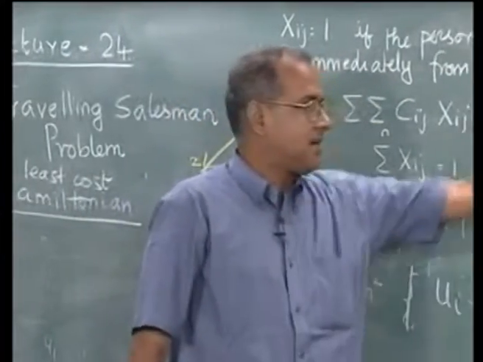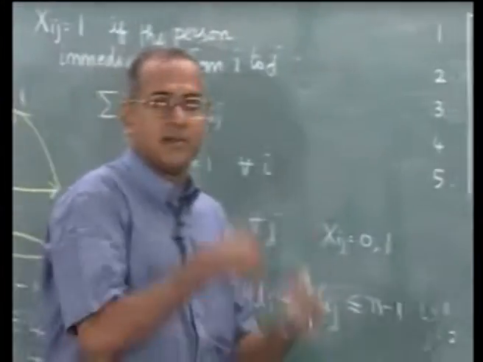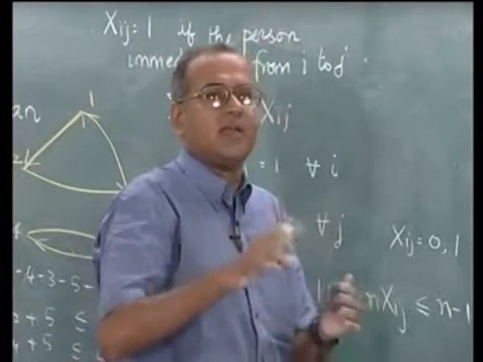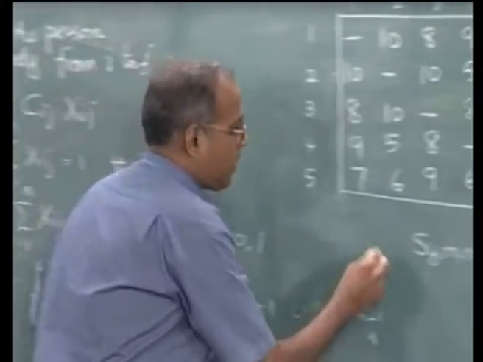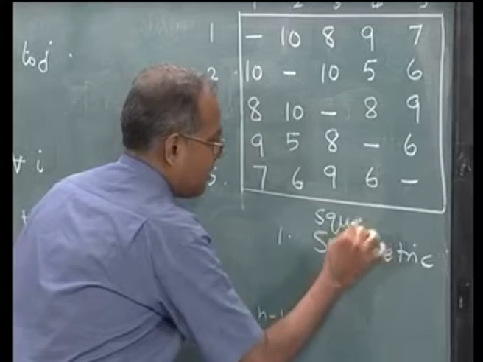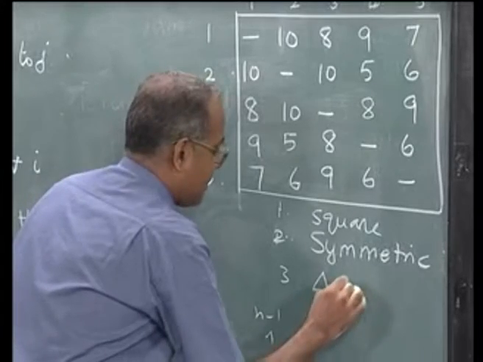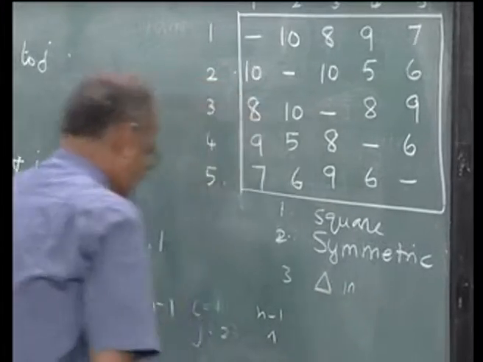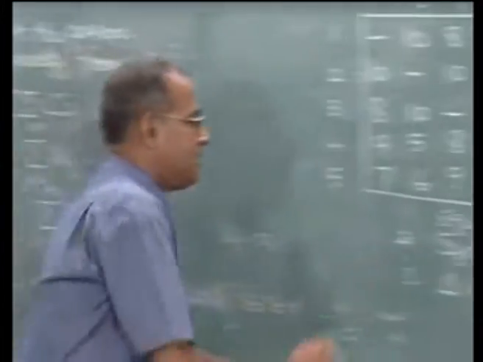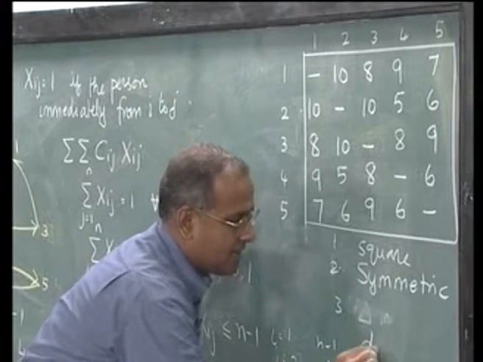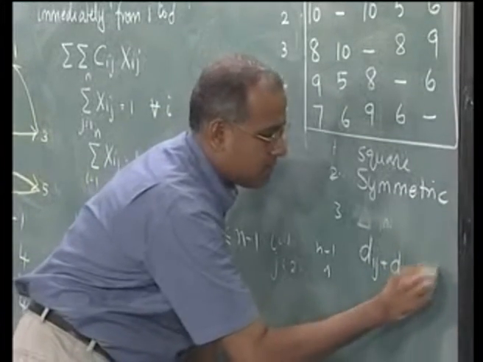Ordinarily, travelling salesman matrices or distance matrices are given as symmetric because they represent distance, and distance usually satisfies symmetry and triangle inequality. So, the travelling salesman problem matrix is usually square, symmetric and satisfies triangle inequality, which means given any 3 distances, dij plus djk is greater than or equal to dik.